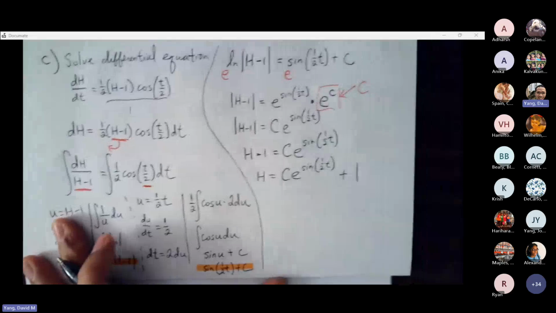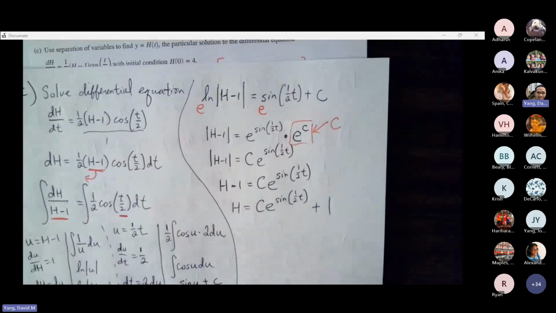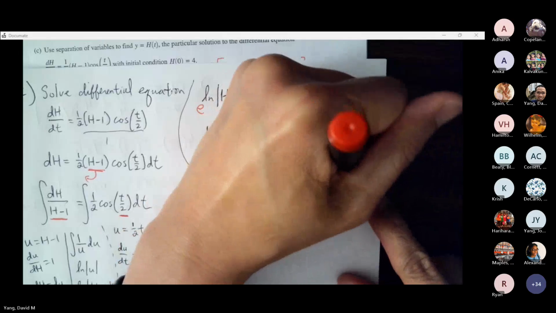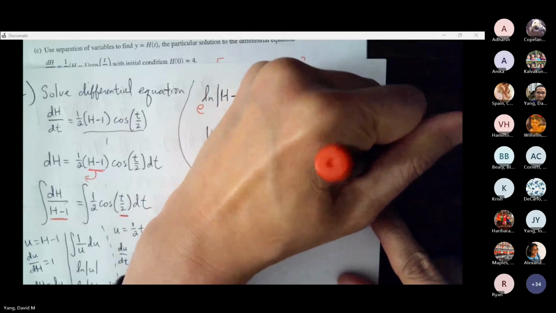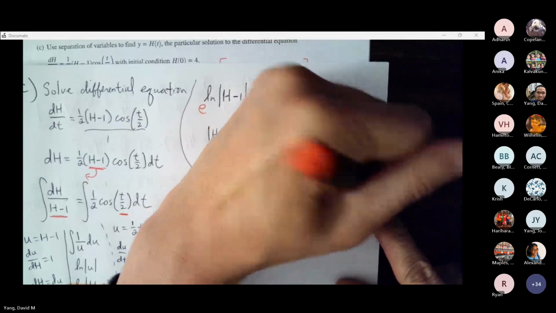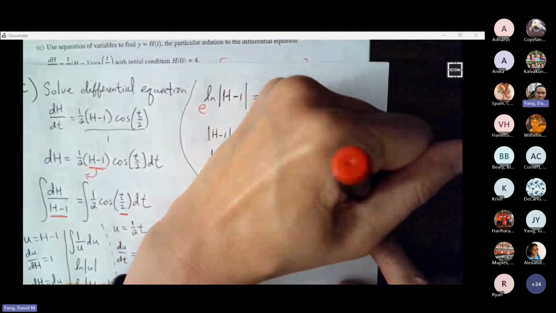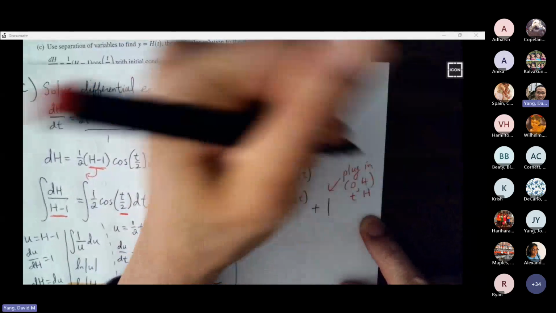And then my final step is to solve for c. So I'm going to take the ordered pair that they gave me, 0, 4. Zero in for t and 4 in for h.